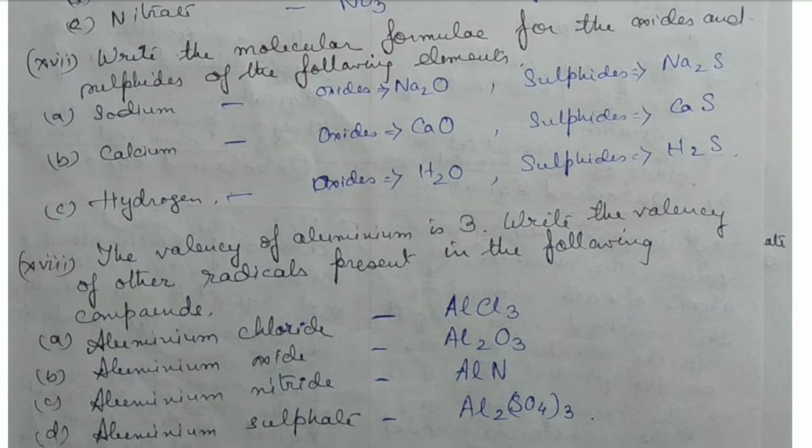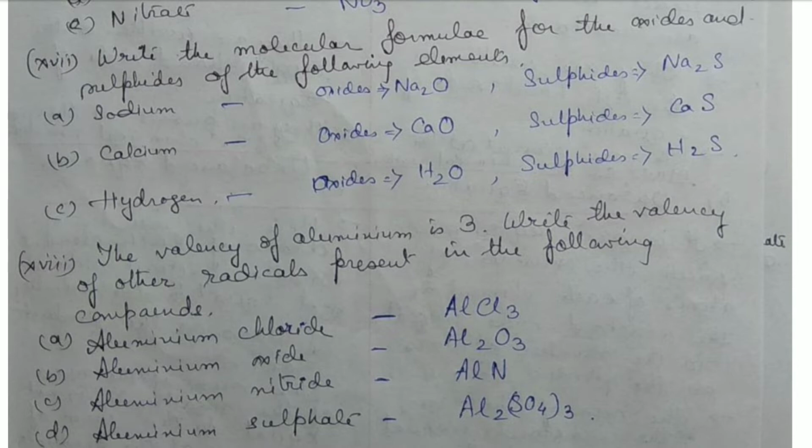Again, calcium oxide, the formula is CaO, because both calcium and oxygen have the same valency, so the valencies cancel and it becomes CaO. Again, calcium sulfide, both elements have the same valency. So cancelling their valencies, we get CaS.